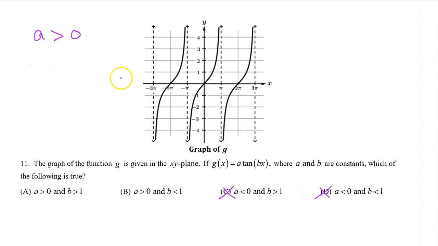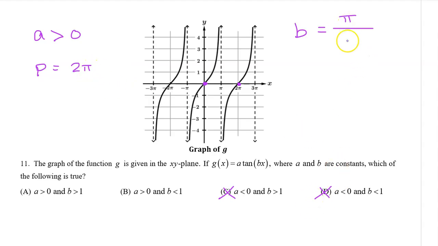What is the period? The period can be measured from midline intercept to midline intercept. From 0 to 2 pi, that tells us that the period is 2 pi. We can use this to figure out the B value, which is always given by pi divided by the period for a tangent function.